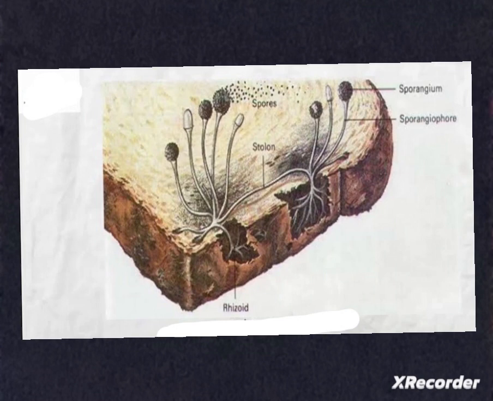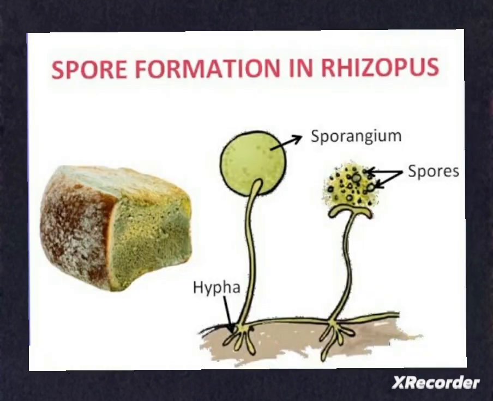The next form of asexual reproduction mode is spore formation. This is also a type of asexual reproduction that takes place on the moist surface. These are thread-like structures developed on the moist surface, for example, a bread mold, and these are called rhizopus. These are tiny blobs on a stick structure which are involved in reproduction.